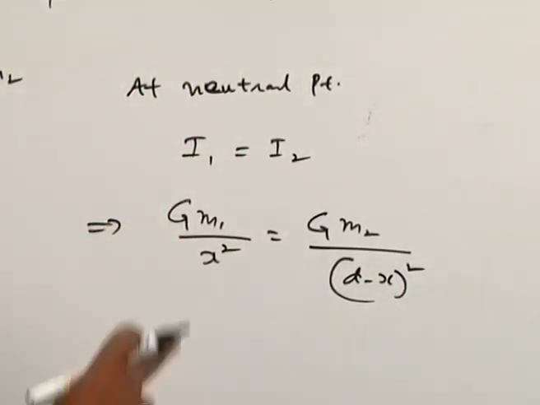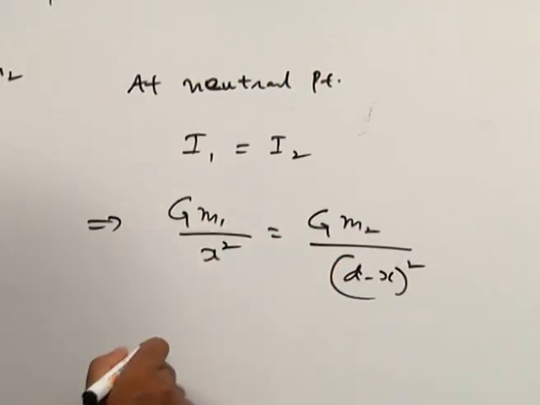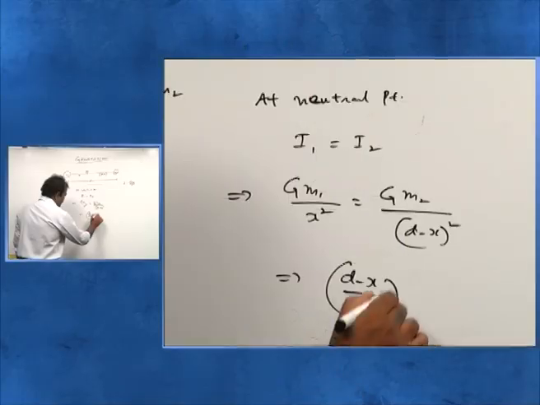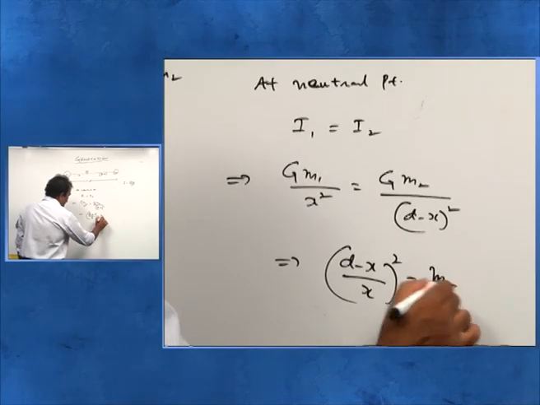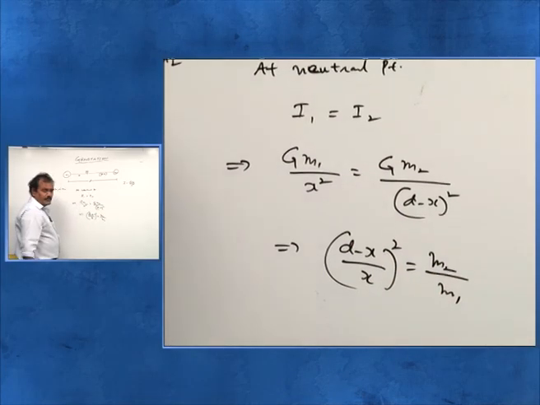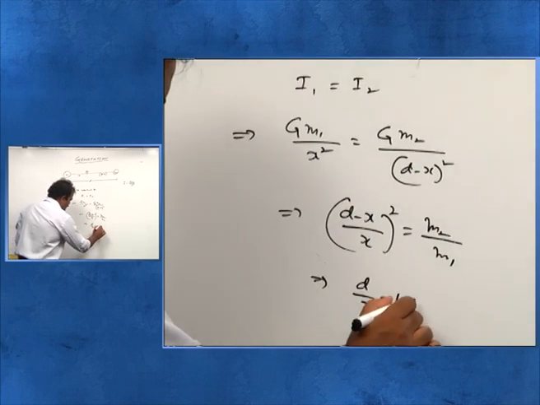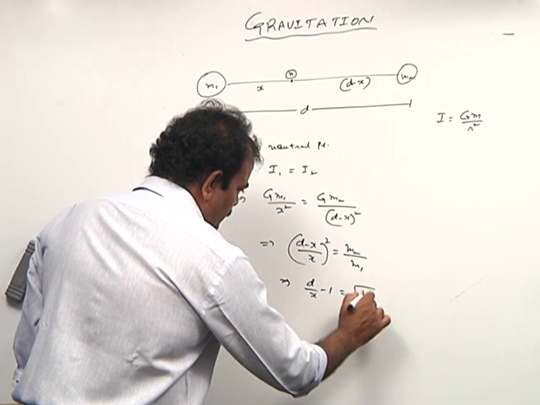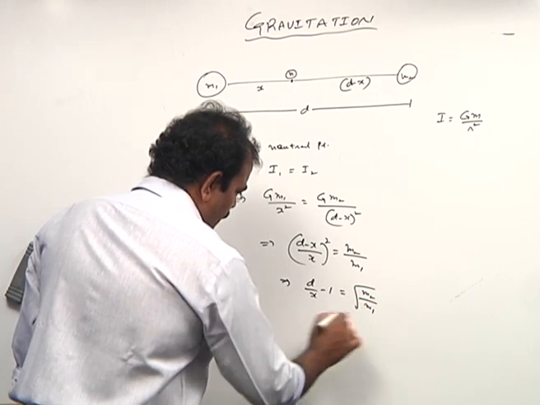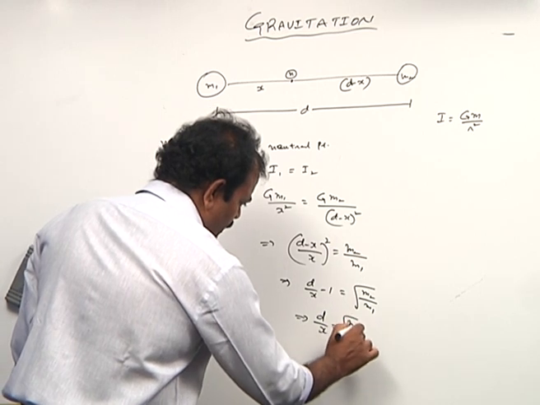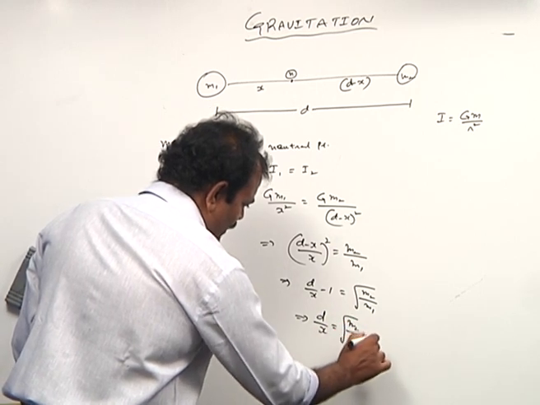So (d minus x) by x whole square is equal to m2 by m1, and thereafter d by x minus 1 is equal to root of m2 by m1. Here d by x is equal to root of m2 by m1 plus 1.